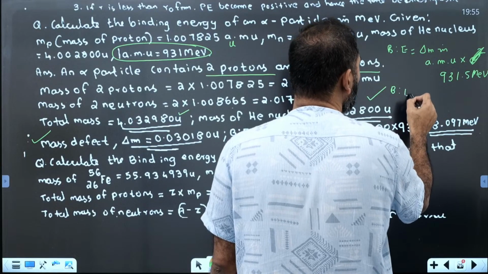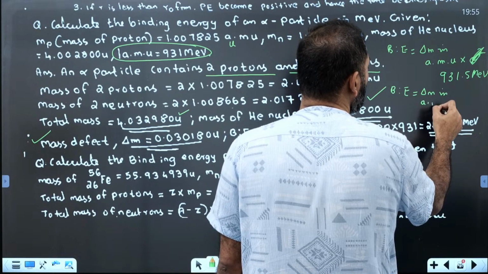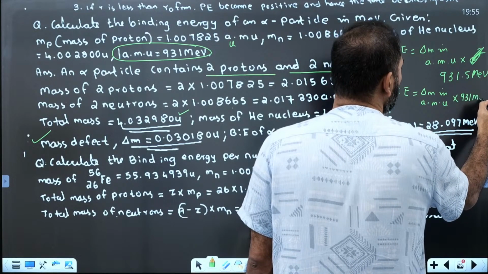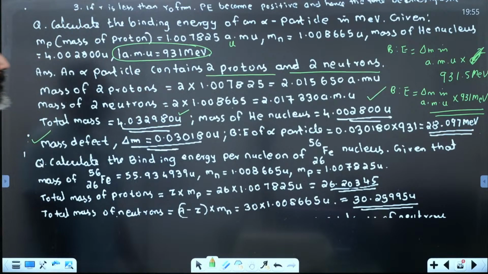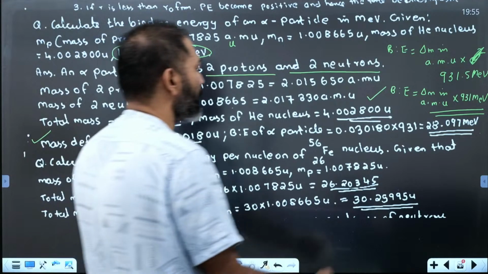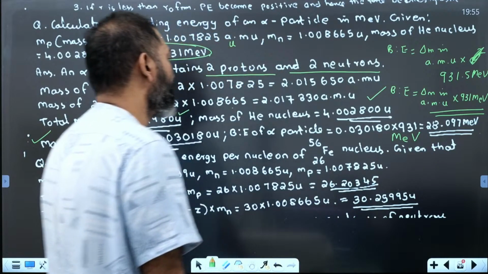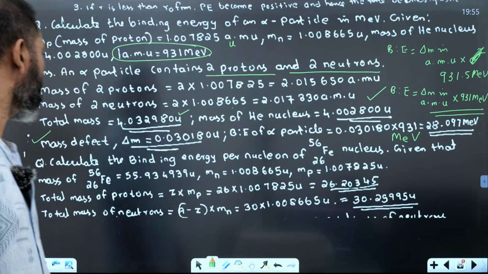But in the given problem, they are telling you mass defect in AMU into 931 MeV. So that is the answer for mass defect.